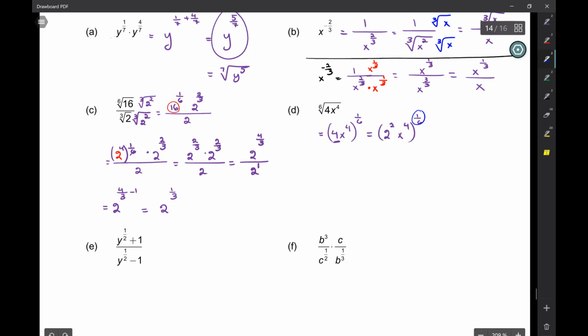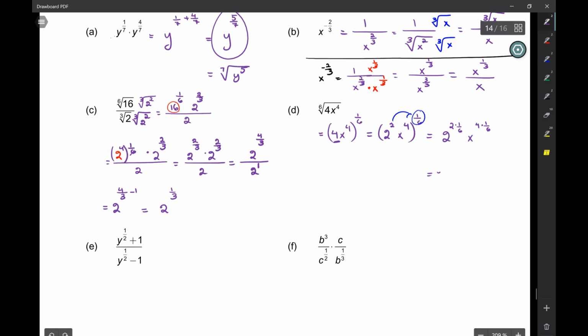Now, who does that 1/6 belong to? Everybody. So yeah, right, like the base. So this is 2 squared times 1/6, so it's 2 to the 2/6, right? Should I add another step there? It's 2 squared times 1/6, and then x to the 4 times 1/6.